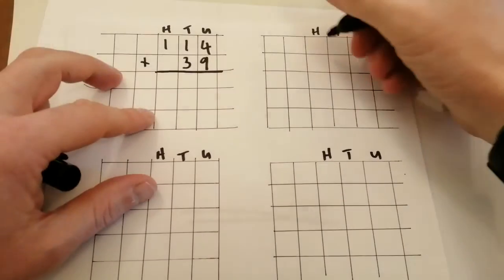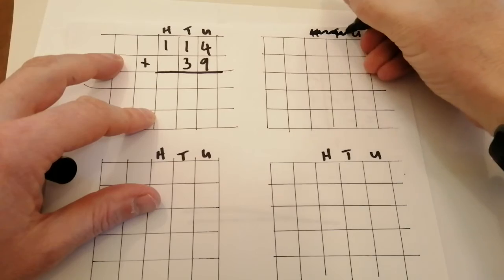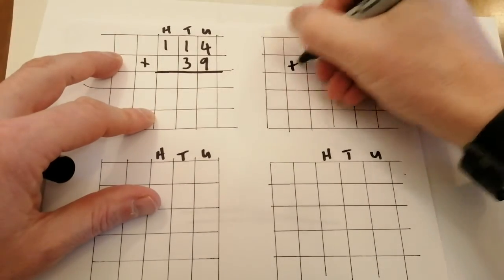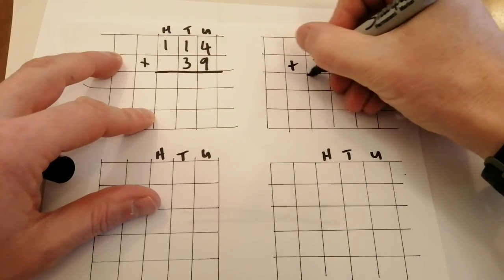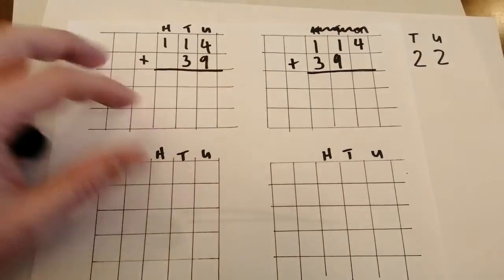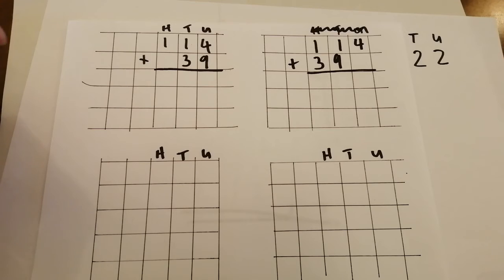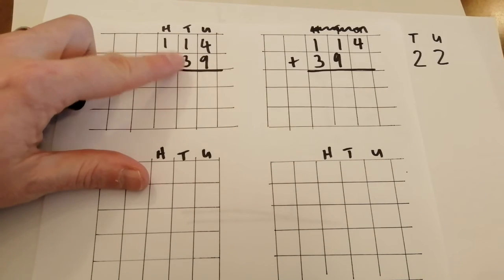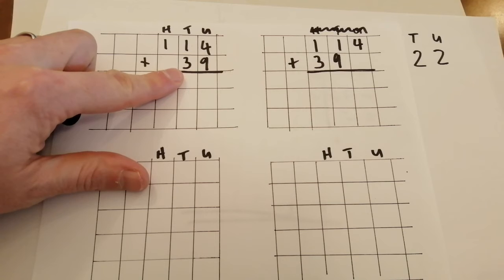Okay, if you were to decide not to put in your place value and you did 114 plus 39, then you've got hundreds and tens in the same column. That's not going to be correct. 114 plus 39, I'm going to do a quick estimation in my head. 114 is pretty close to 110 and 39 is very close to 40.